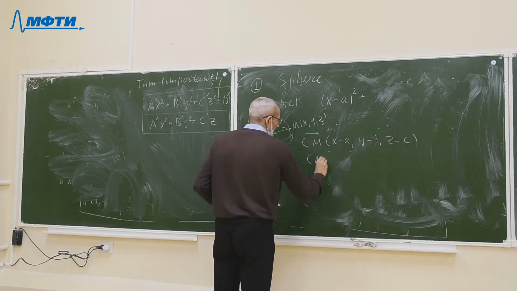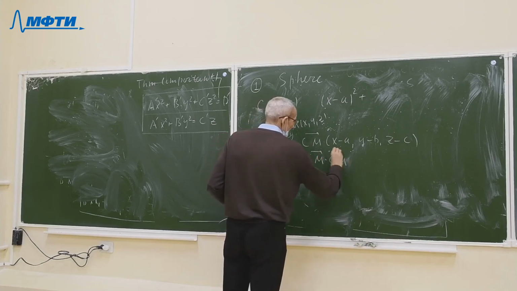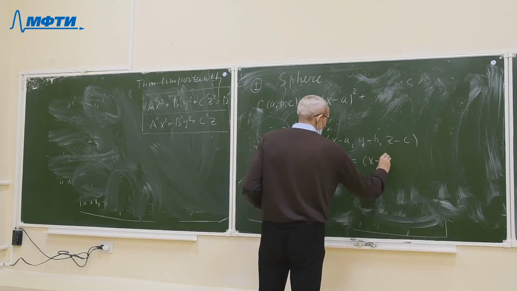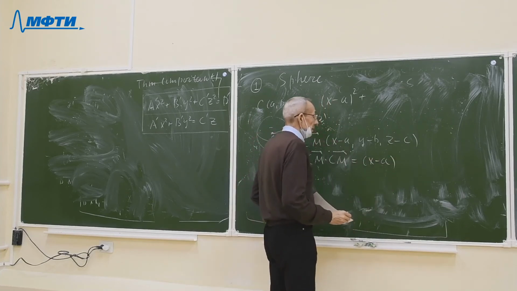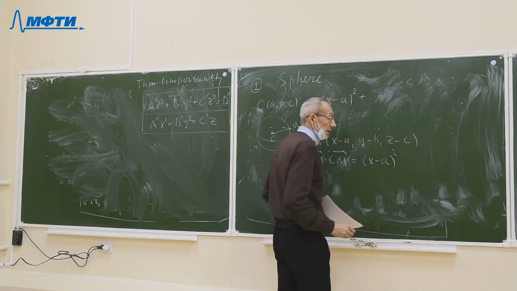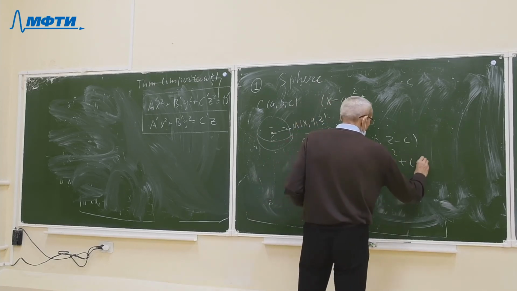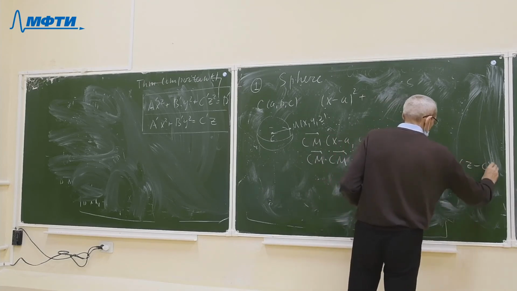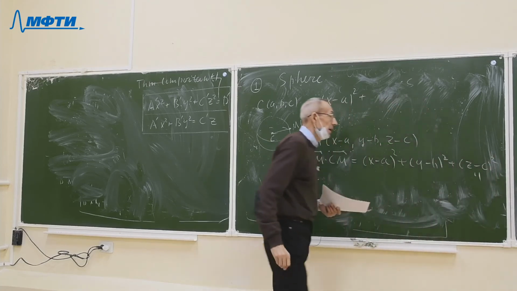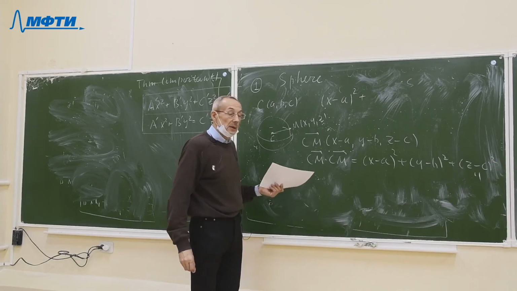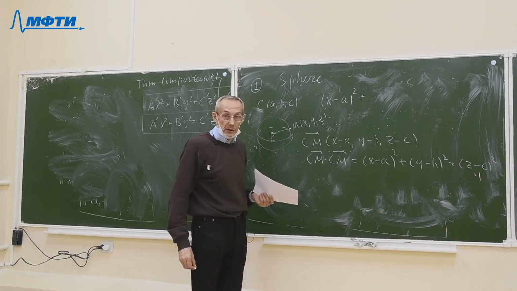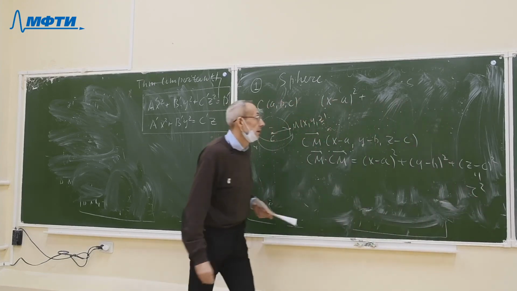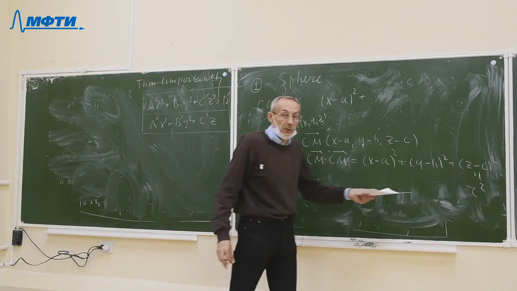The square of the length is the scalar square, or dot square, of this vector, and can be defined as the sum of squares of coordinates of this vector: the square of x minus a plus y minus b squared plus z minus c squared. And this dot product is constant and is equal to r squared, r some constant.